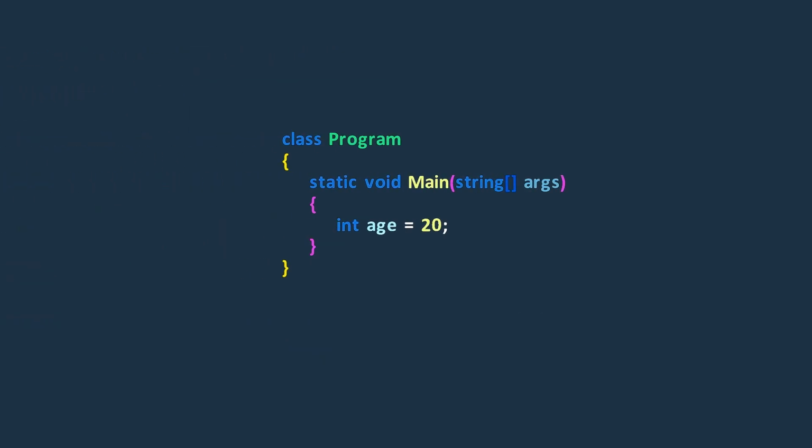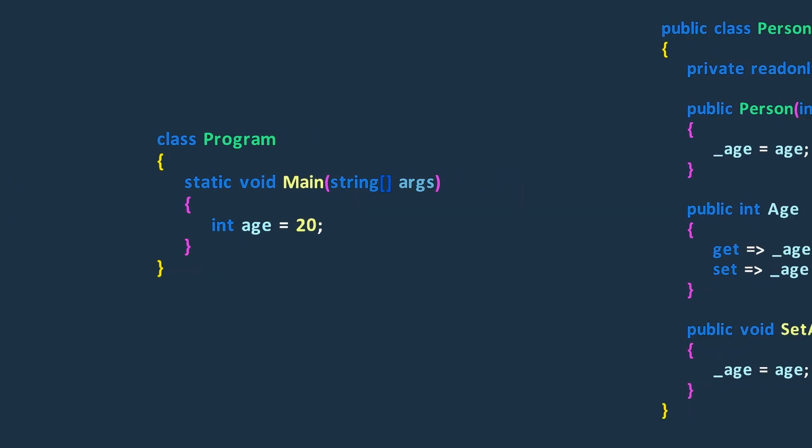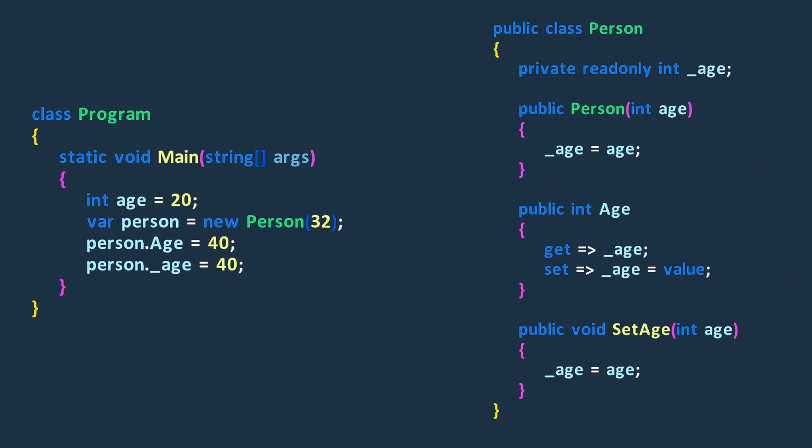Value types such as numbers, booleans, and chars store the entire value directly. When we use the readonly modifier on a value type field, it ensures that the value of the field cannot be changed after it has been initialized. This is similar to the isCaptain field in the previous example.